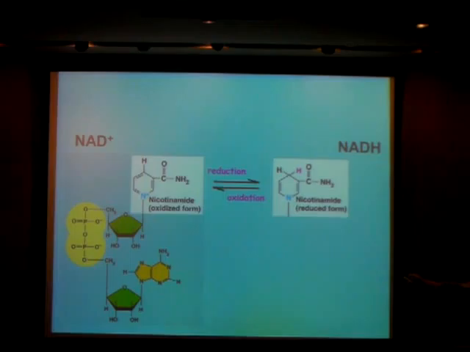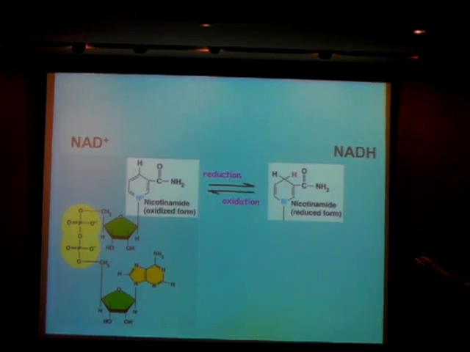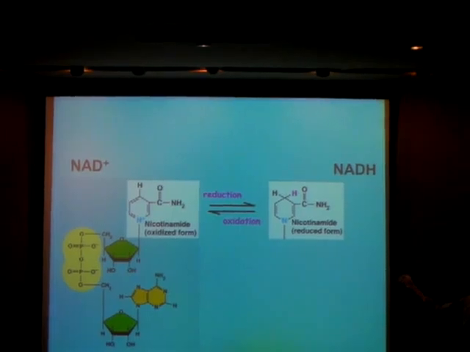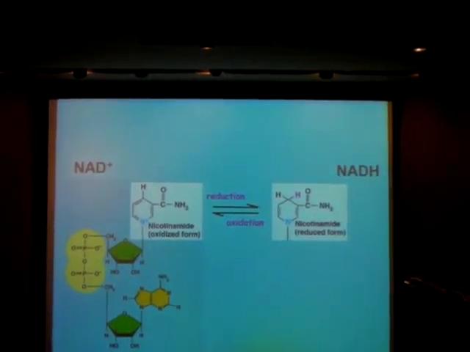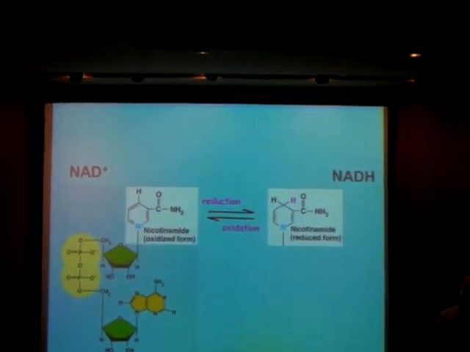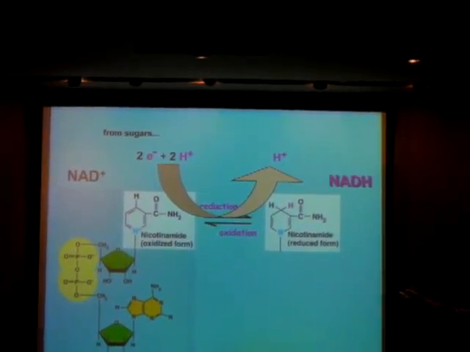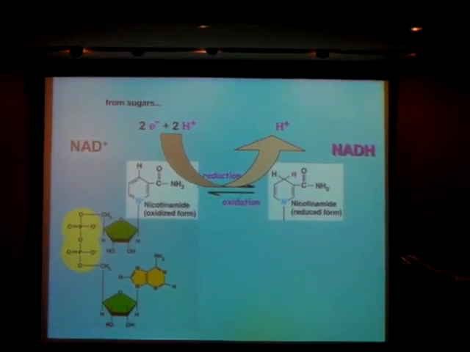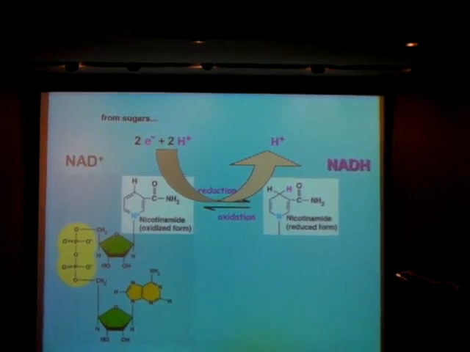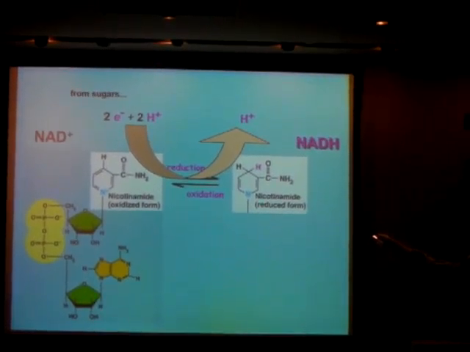So as I said, this is the oxidized form of this molecule. If it's reduced, then electrons are going to be added to this. And because electrons are added, you reduce the charge from a plus to no charge. How does this occur? So actually, these electrons are being carried by hydrogen atoms. The hydrogens donate their electrons to this form, and also a hydrogen.